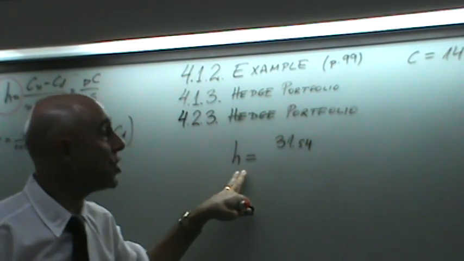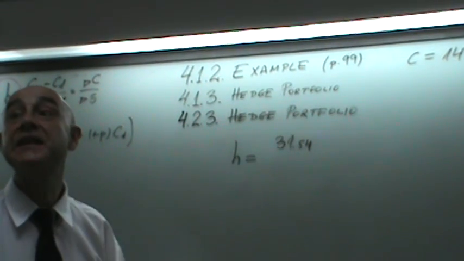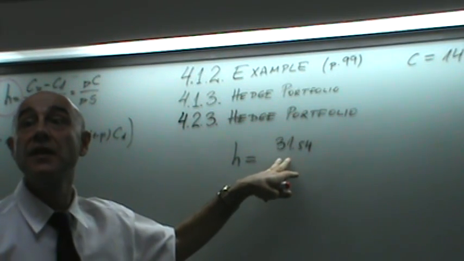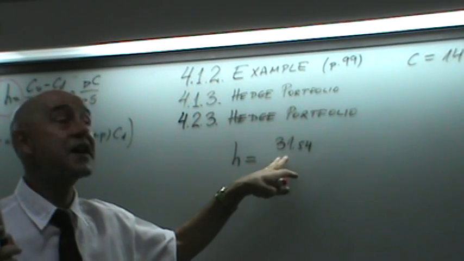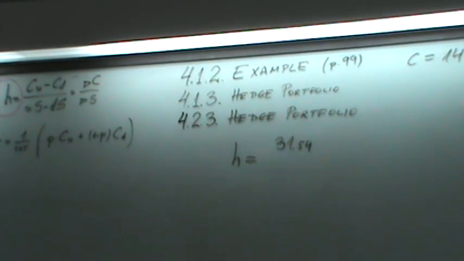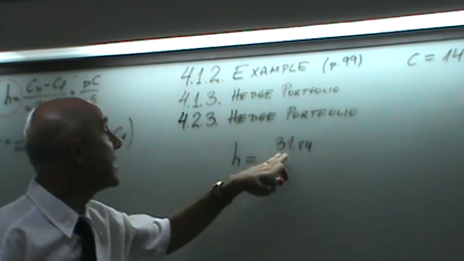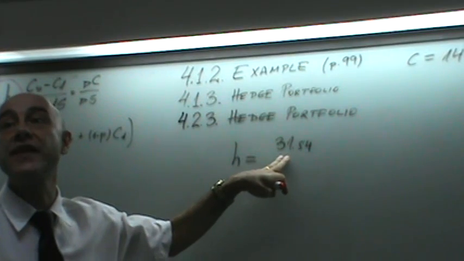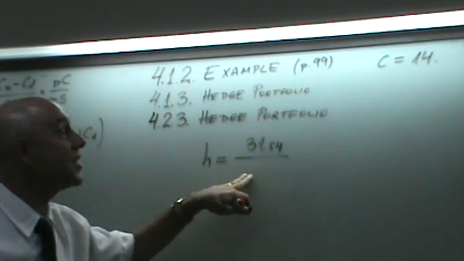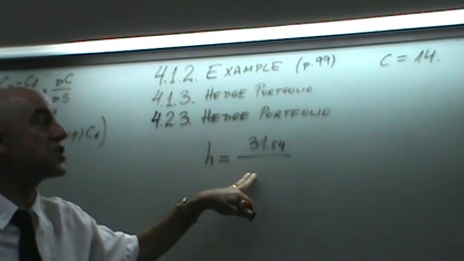Pay attention to where this is coming from: 31.54 is the difference between call up, which is 31.54, and call down, which is 0. So that's the change in the value of the call. Divide by the change in the value of the stock.